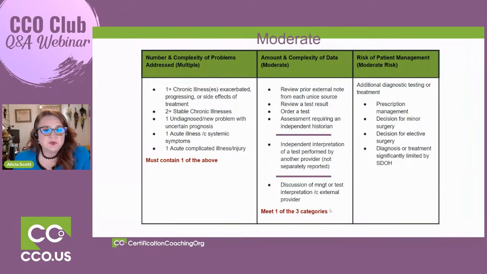So what does it mean to review prior external note from a unique source?